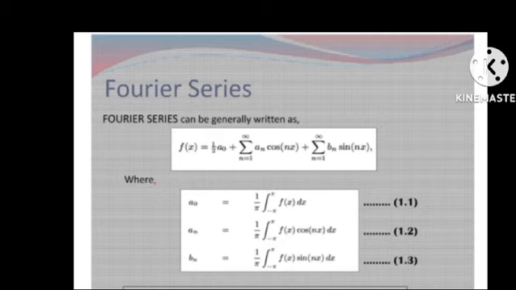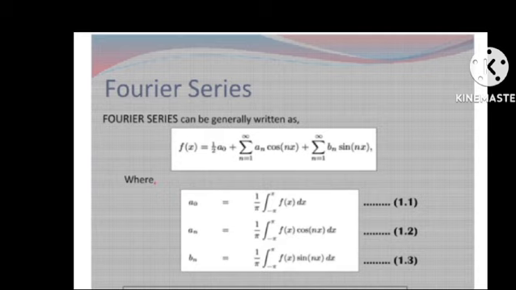b_n sin nx, where a naught, a_n, b_n are called Fourier coefficients, where a naught is represented by 1 upon pi limits minus pi to pi f of x dx.